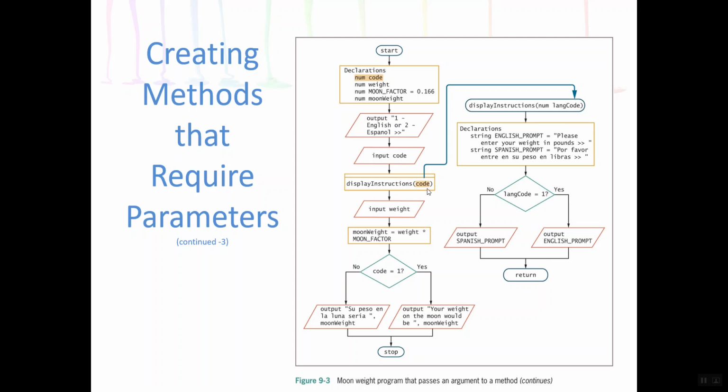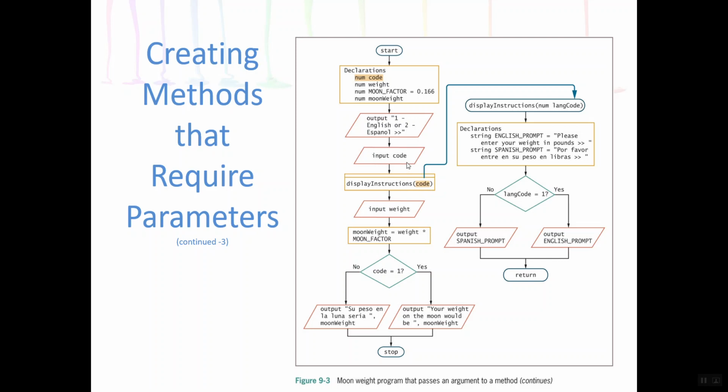But it also shows us how we can pass data into lang code, into that parameter. To pass data to a parameter, we indicate in between parentheses the argument that we want to pass in. So that's a formal term. Argument refers to the data to be passed into the parameter. And in our case, it's the code.